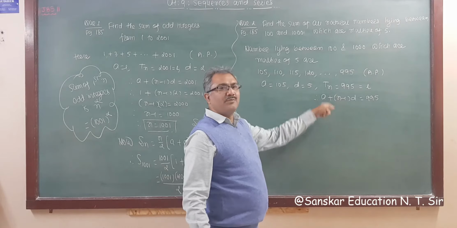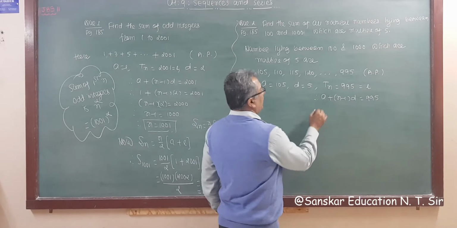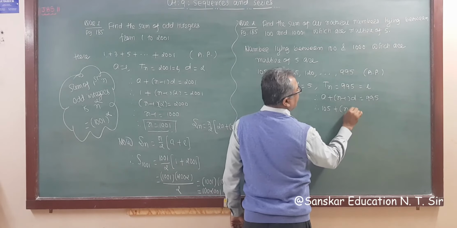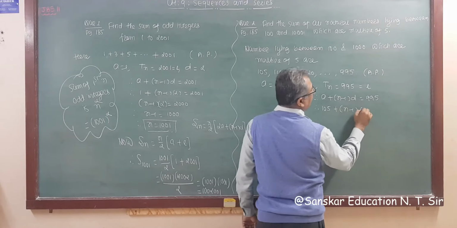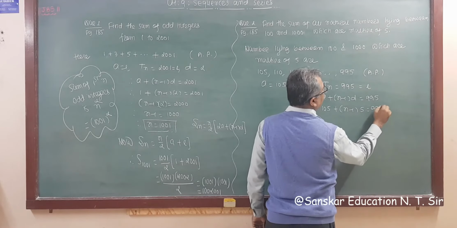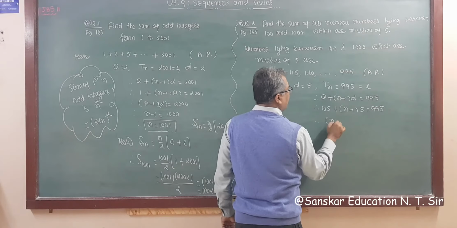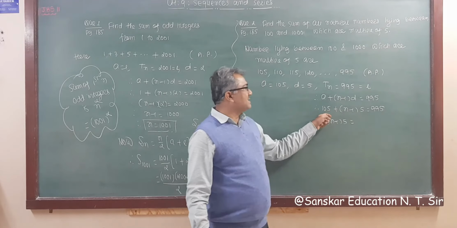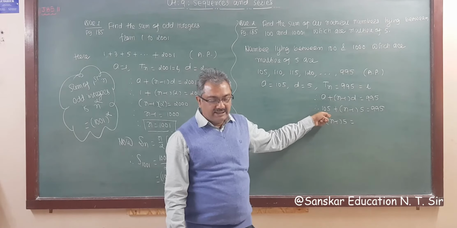Directly you have to start from here. So A is 105 plus (n minus 1), D is 5, is equal to 995. So (n minus 1) into 5 is equal to 995 minus 105, that is 890.